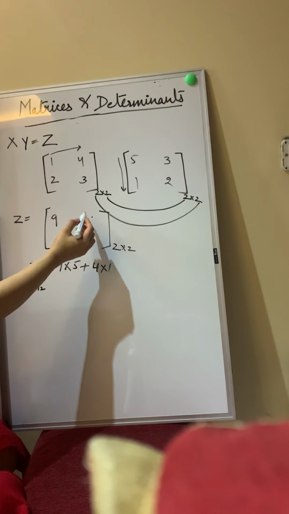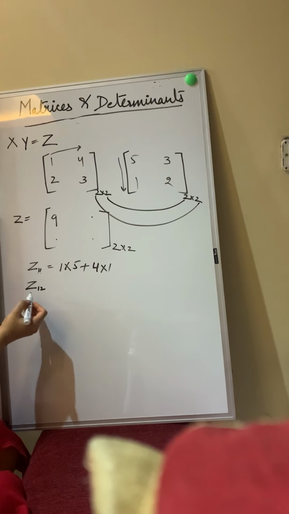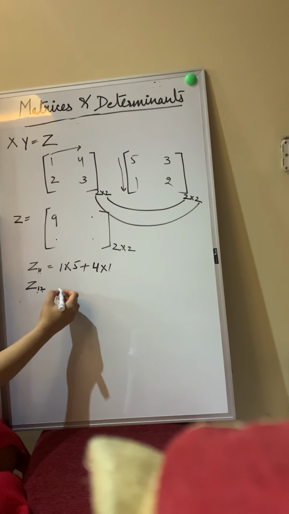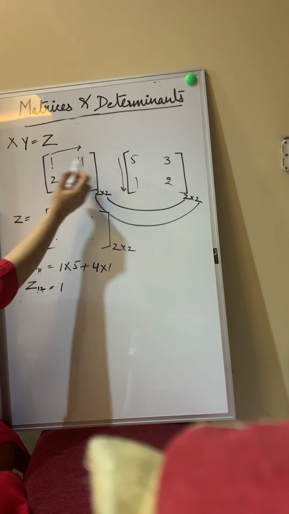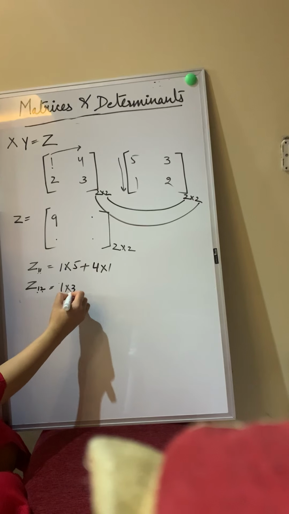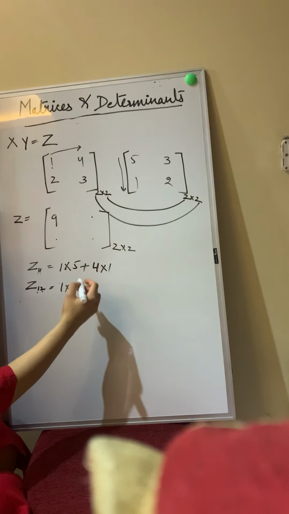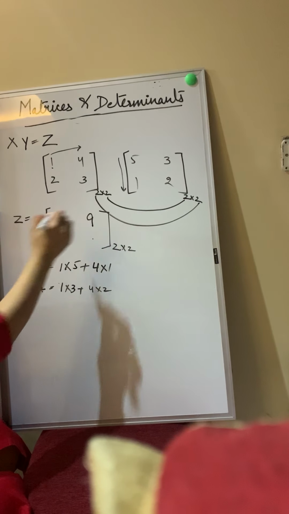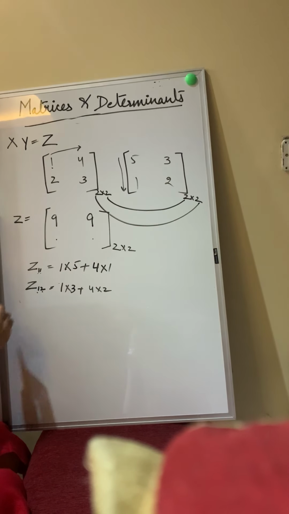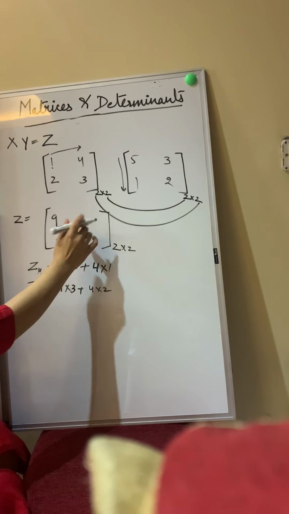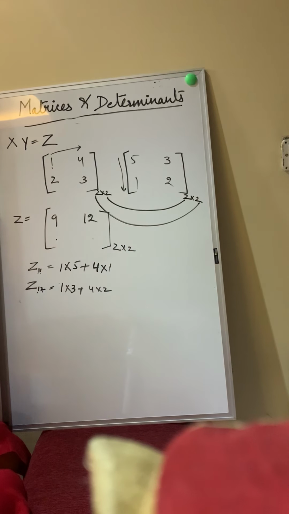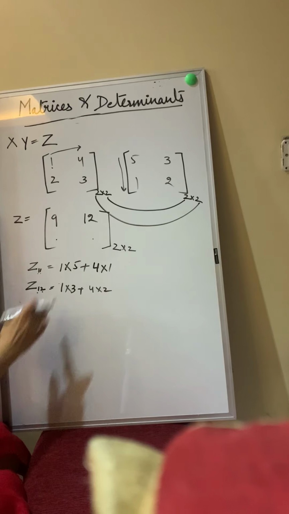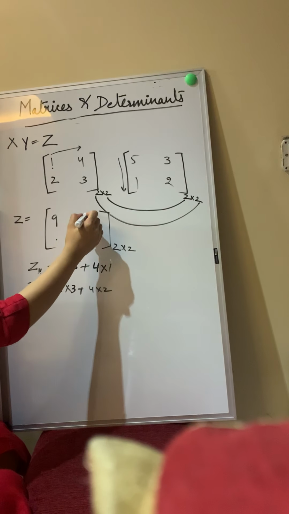Next is Z12. Now I have to calculate Z12, row of first, column of second. 1 into 3 plus 4 into 2. 3 plus 8, 11. Sorry, I said 12 earlier, it's 11.